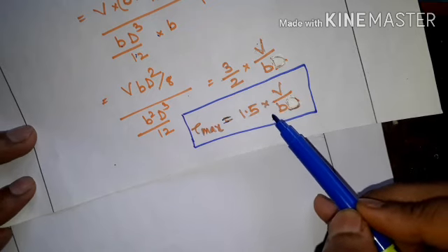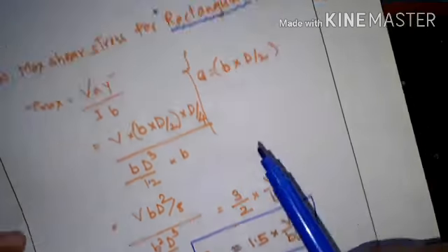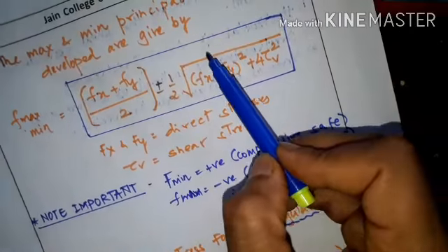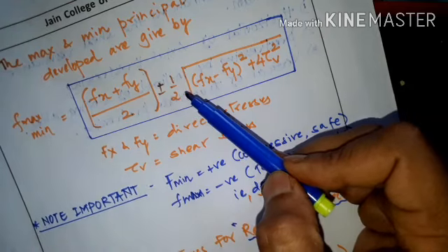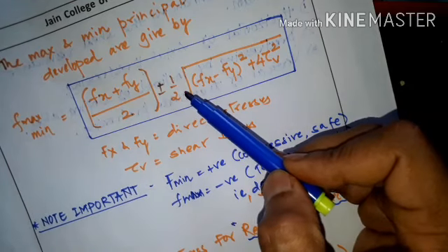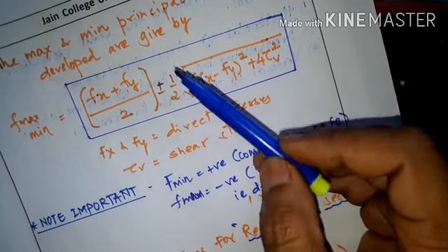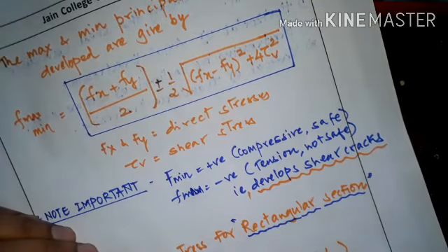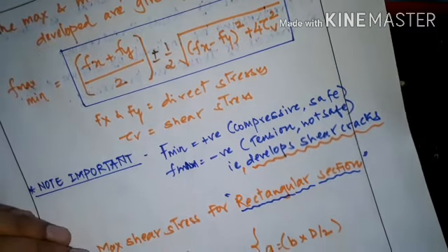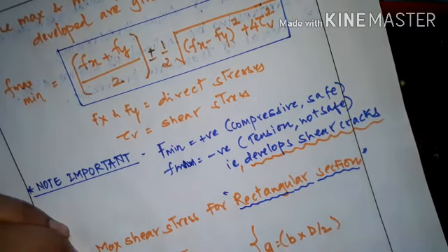And this maximum shear stress tau, we are going to utilize to find out the principal stresses developed in the beam. So this is regarding why the shear stress consideration is important in pre-stressed concrete beams also.